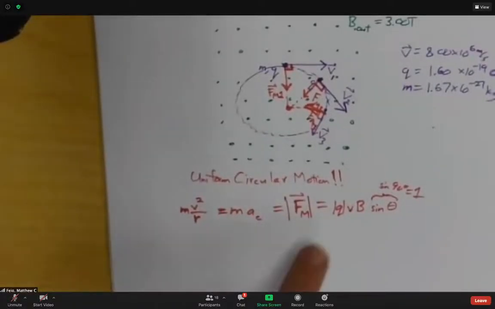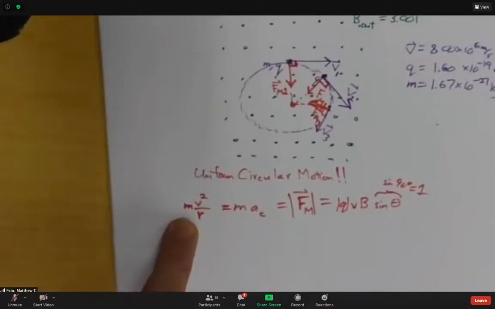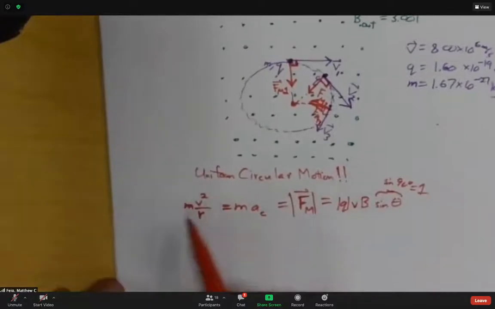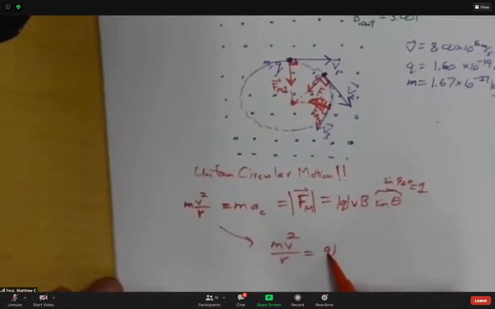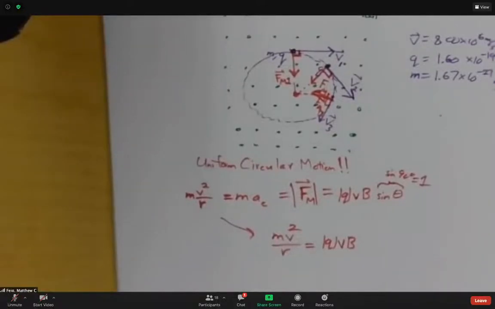But the faster moving guy is also harder to bend, harder to curve. But this one comes into the V squared and this is V. So overall, we put this together. mV squared over R is Q. I'm going to try to be really thorough and put the absolute value on the Q, but if I don't, it's always supposed to be there.